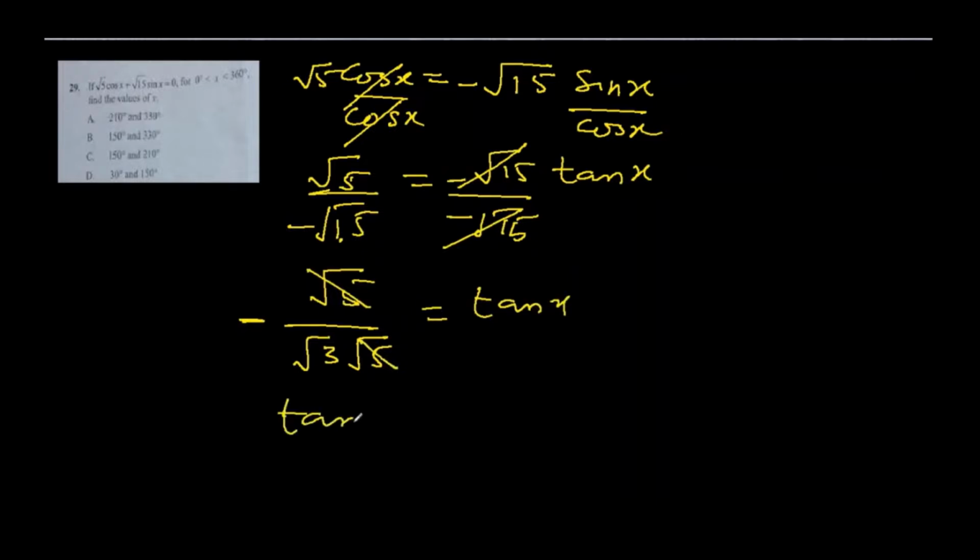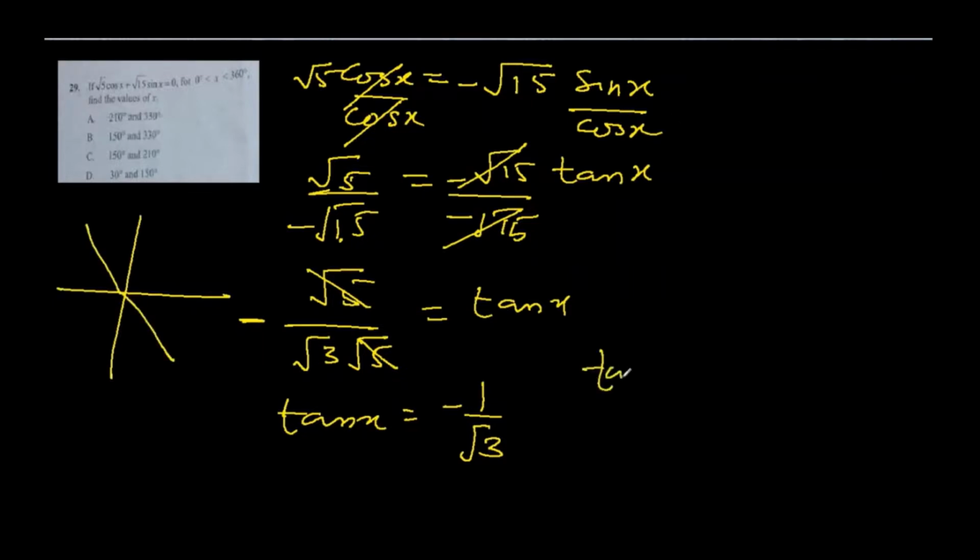We get tan x equal to minus square root 3. And we know that tan is negative in the second quadrant and fourth quadrant, right? And if we put tan inverse 1 over square root 3 in our calculator, not minus anymore, because minus has already given us 2 quadrants, so we'll not put minus.